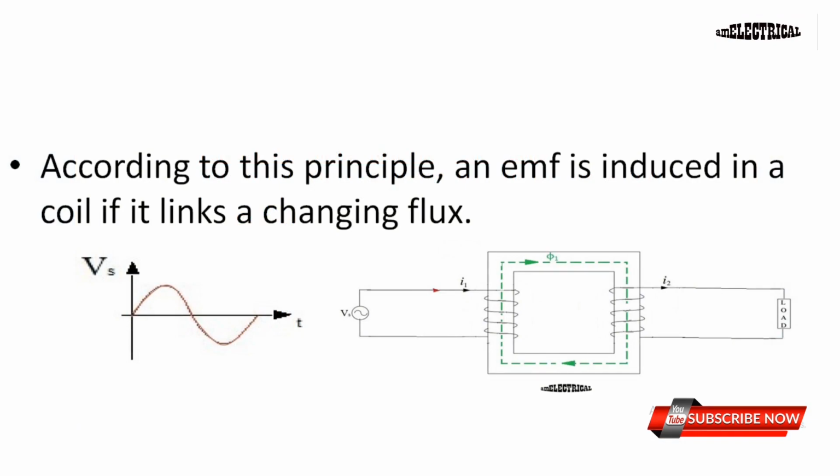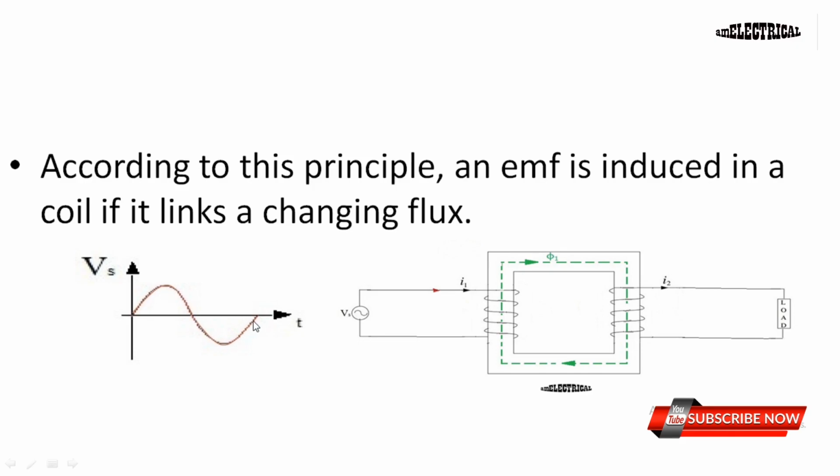So, according to this principle, an EMF is induced in a coil if it links a changing flux. Now the question is, what does the term changing flux mean? As the supply voltage is alternating in nature, here you can see the voltage is changing with respect to time at each point.